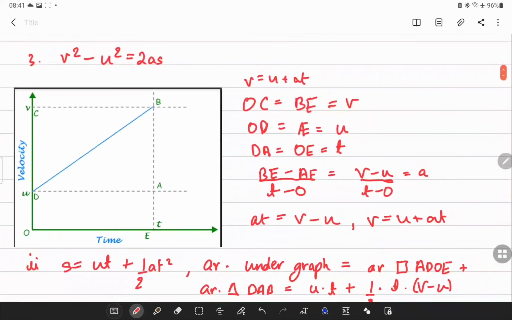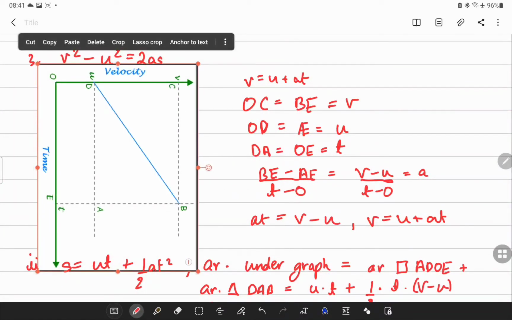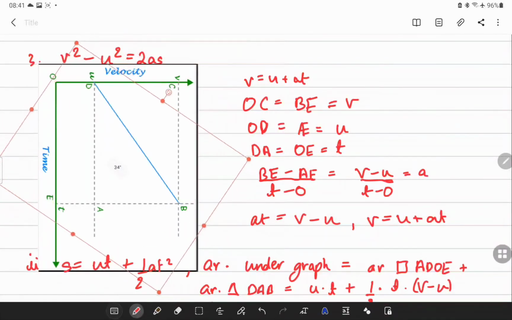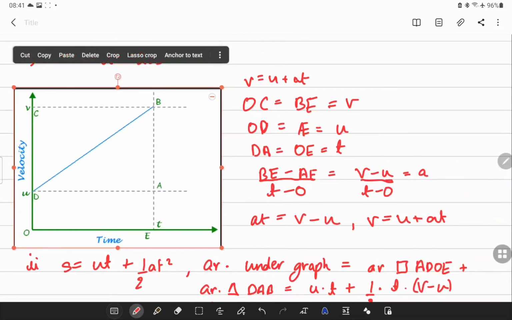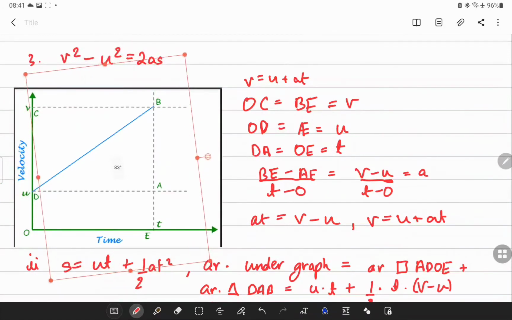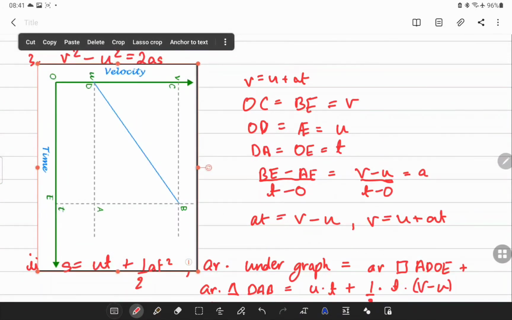Now think of the graph this way. Let me just rotate it a bit. First of all, think of it as a trapezium.